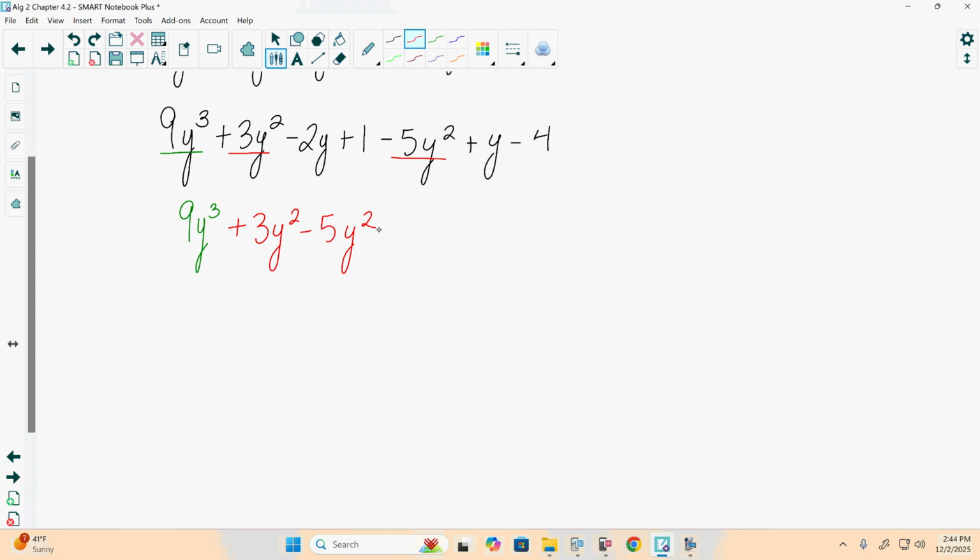So our positive 3y squared and negative 5y squared. Our y terms are negative 2y and positive 1y. And lastly, our constant terms, positive 1 and negative 4, giving us this here.